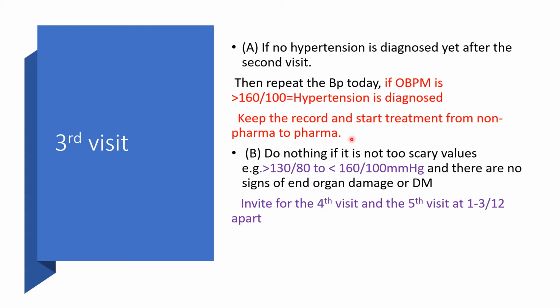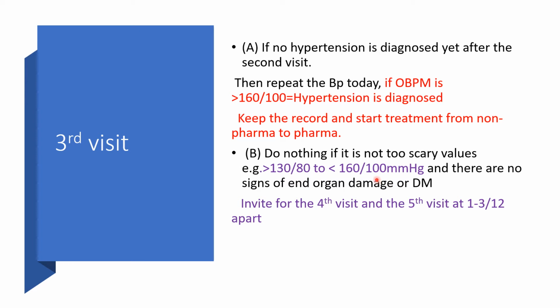Don't be in a haste. We'll get into all these medical jargons, full explanation in a bit. We will do nothing if the BP we are picking today, the third visit, is not so scary. For example, if it's greater than 130/80 but less than 160/100, we will do nothing, but we will advise against the risk factors and embark on non-pharmacological interventions.